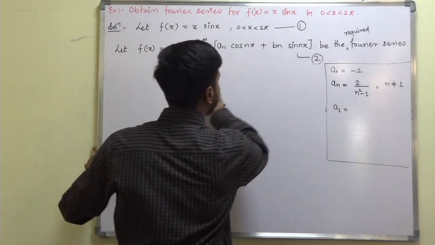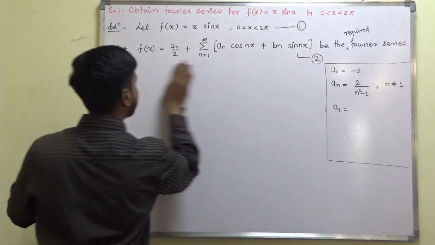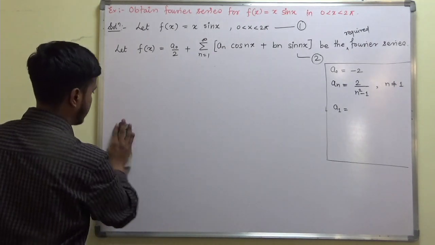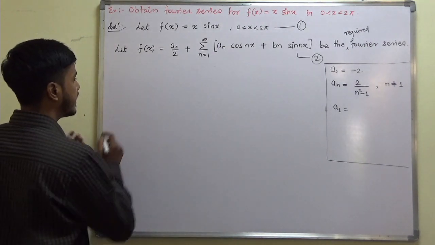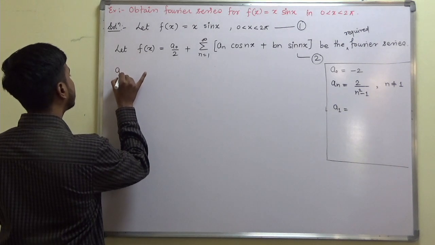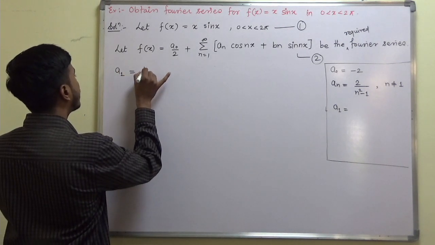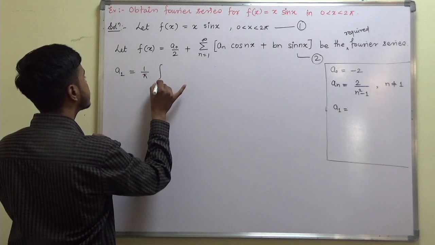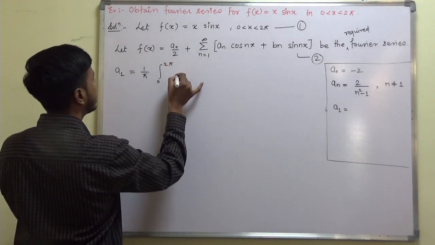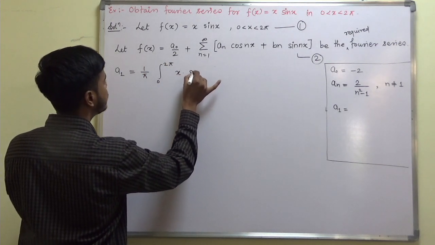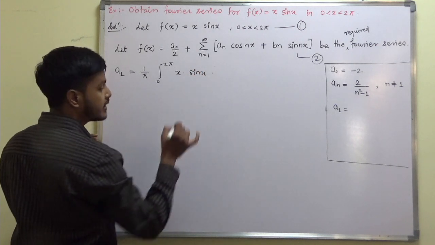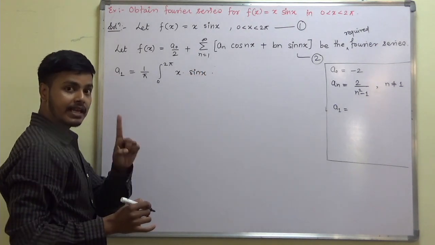So let us now find out the a1 first. So I have a1 to be 1 by pi integration 0 to 2 pi f of x, that is x into sin x into cos nx, n is equal to 1.